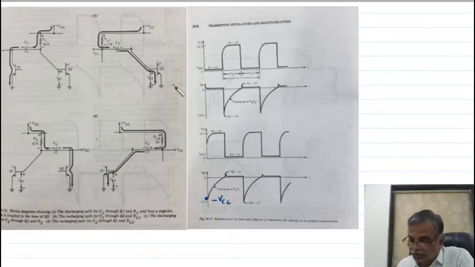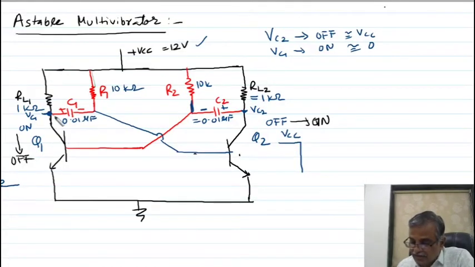Now look here. As this is in an off condition, this capacitor starts to charge through this path, RL1 and the base emitter of transistor Q2. This is the charging path, because here is a positive voltage of the order of 0.7 volt. This voltage is of the order of VCC.